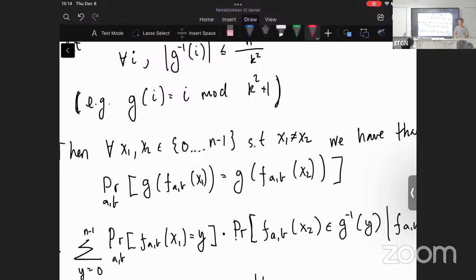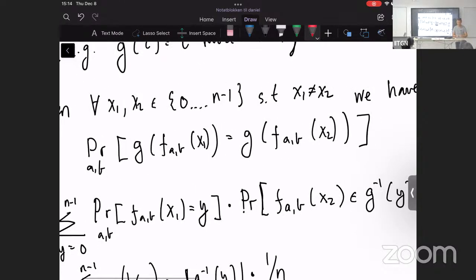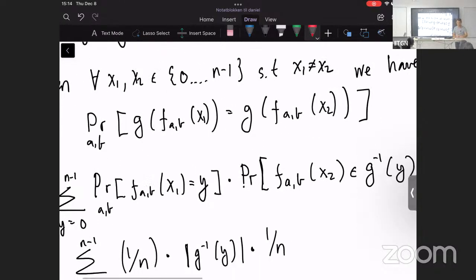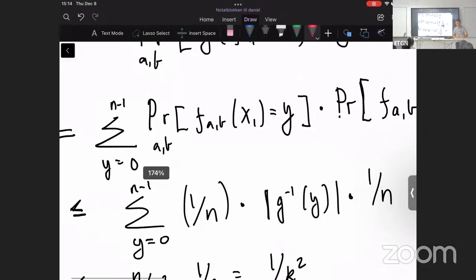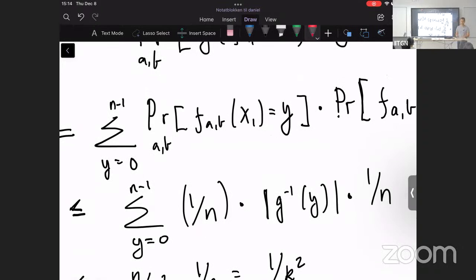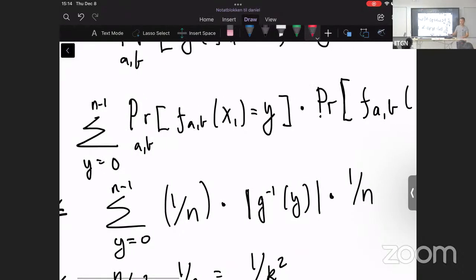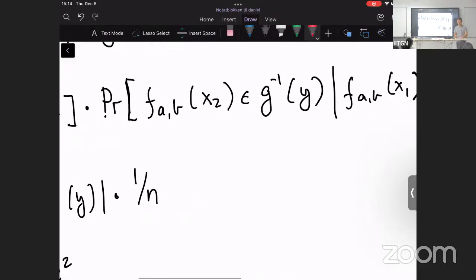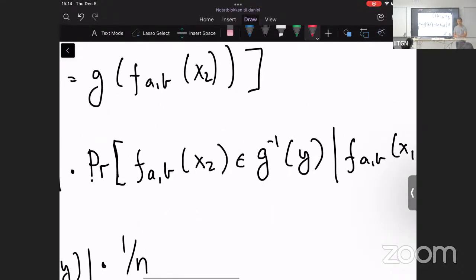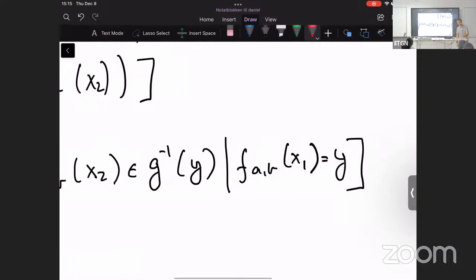So the probability that x1 and x2 go into the same bucket is, by the law of total probability, the sum over all possibilities for f_{a,b} of x1, call it y, of the probability that f_{a,b} of x1 equals y, times the probability that f_{a,b} of x2 goes into the same bucket that y goes into, given that x1 was mapped to y.